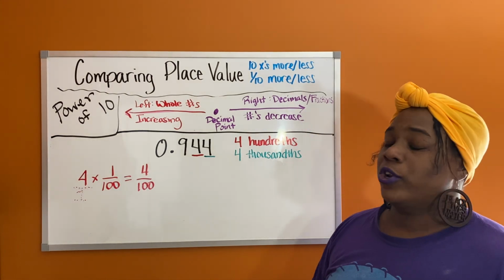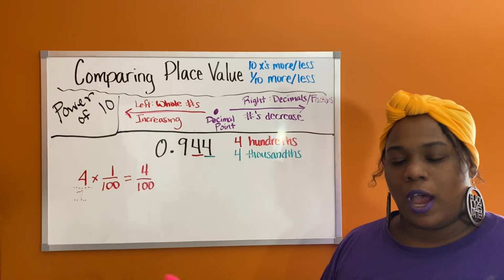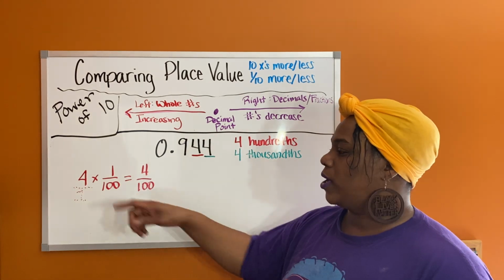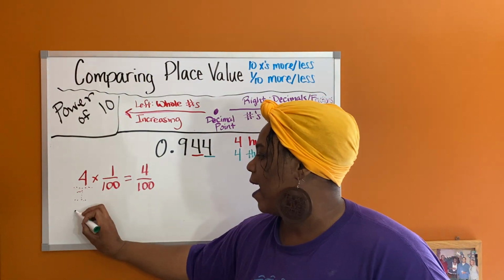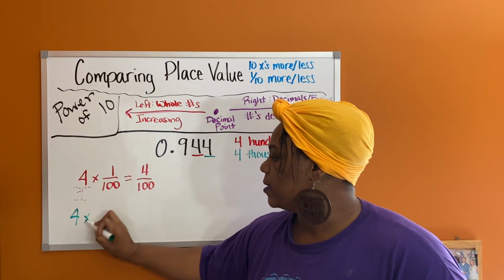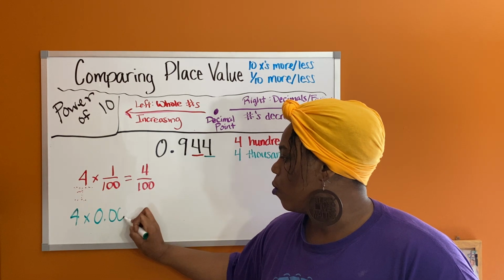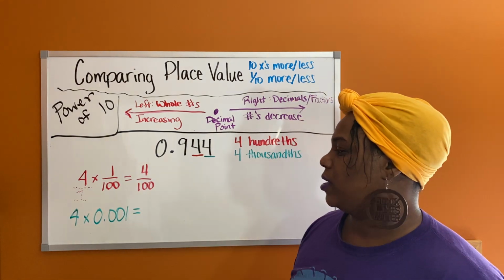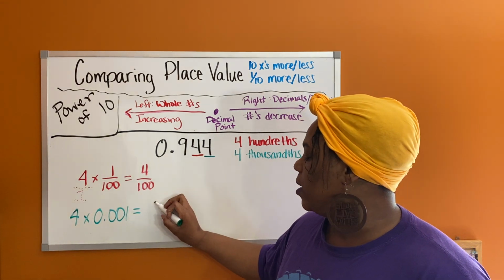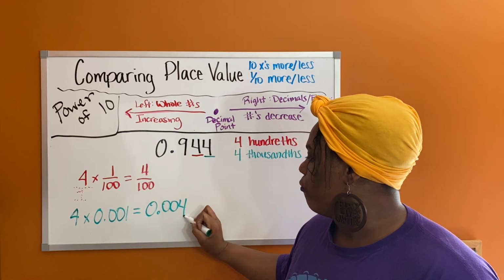And then remember, when you're multiplying fractions, now that you know it's decimal, equivalency, you can use the decimal. So in reference to our 4 thousandths, we could write that 4 times 1 thousandth. All right, and that would give us 4/1,000.